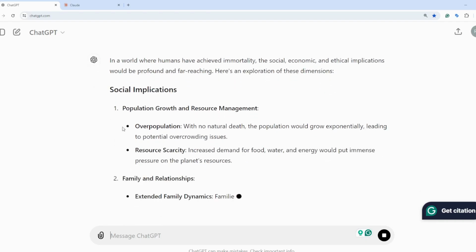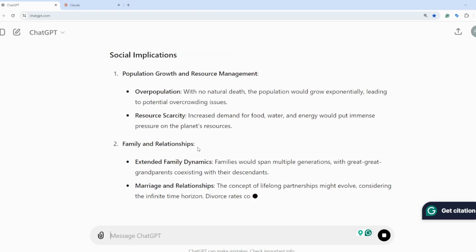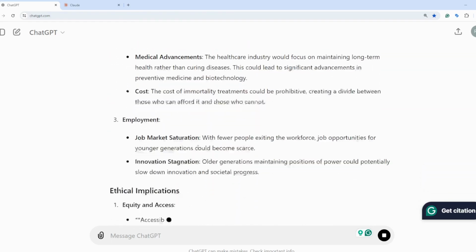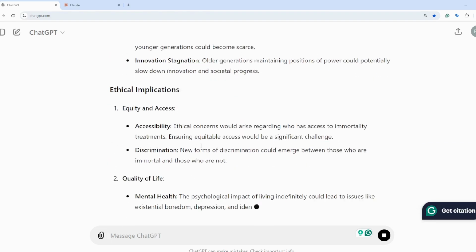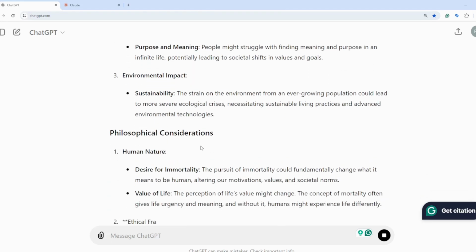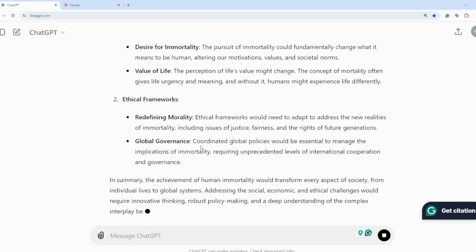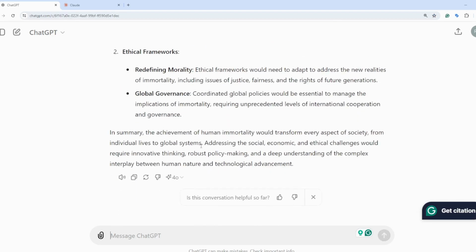It's giving me social implications: population growth, family relationships, and as you can see, this is pretty fast. It's giving me everything, which is open-ended.